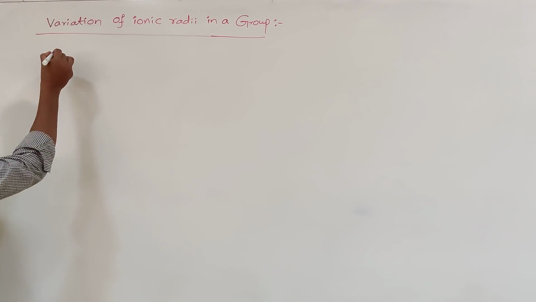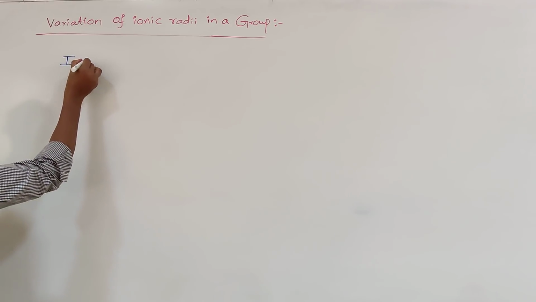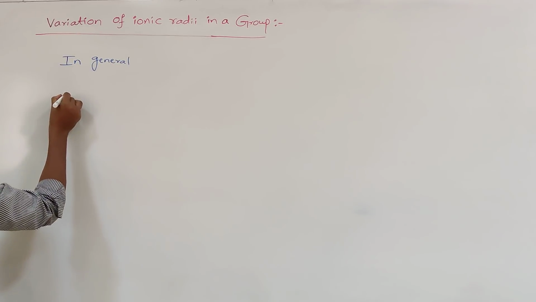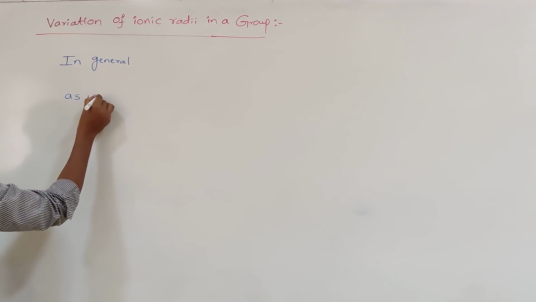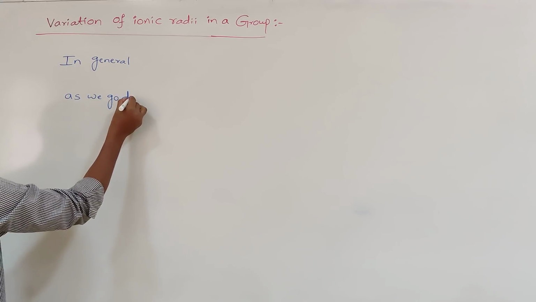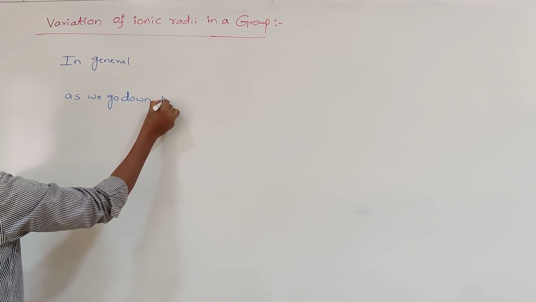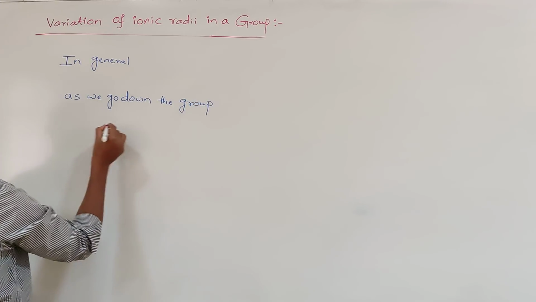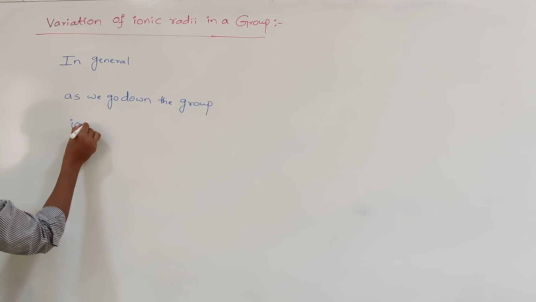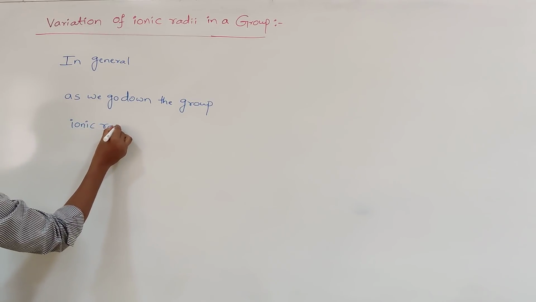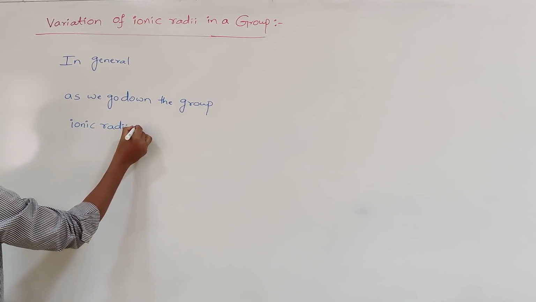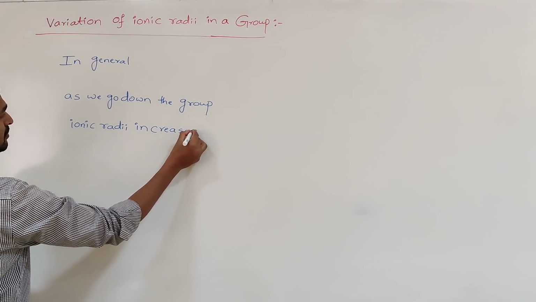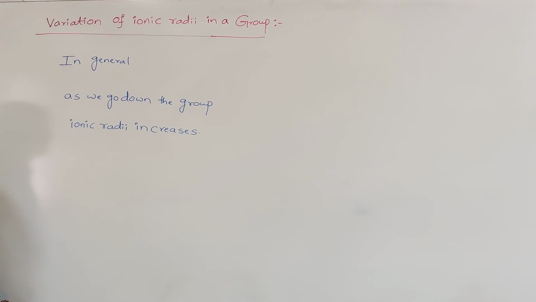In general, as we go down the group, the ionic radii increase, just like the atomic radii.